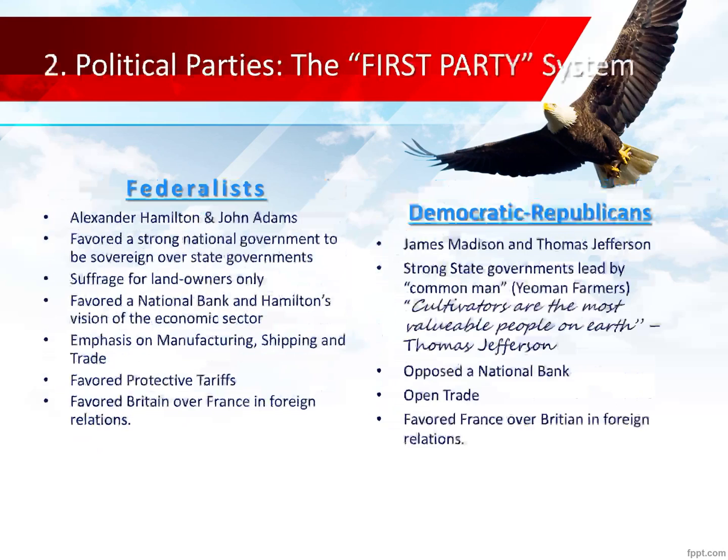Meanwhile, on the other side of the ledger, you had the Democratic Republicans of James Madison and Thomas Jefferson. They wanted a government with strong state governments led by the common man.